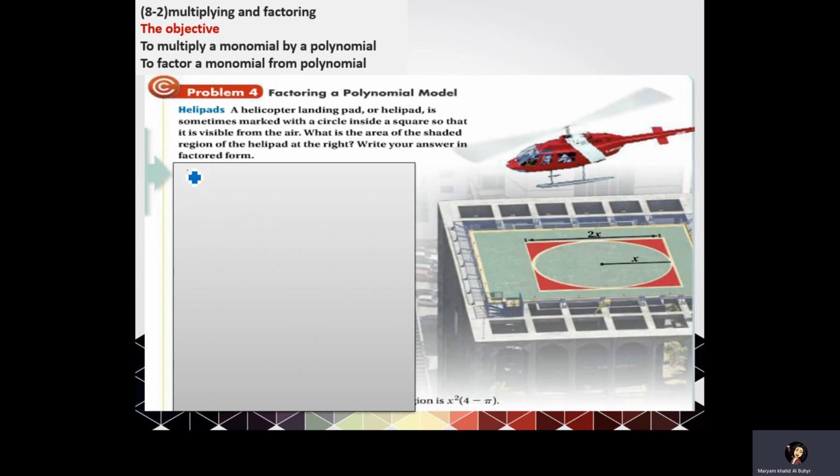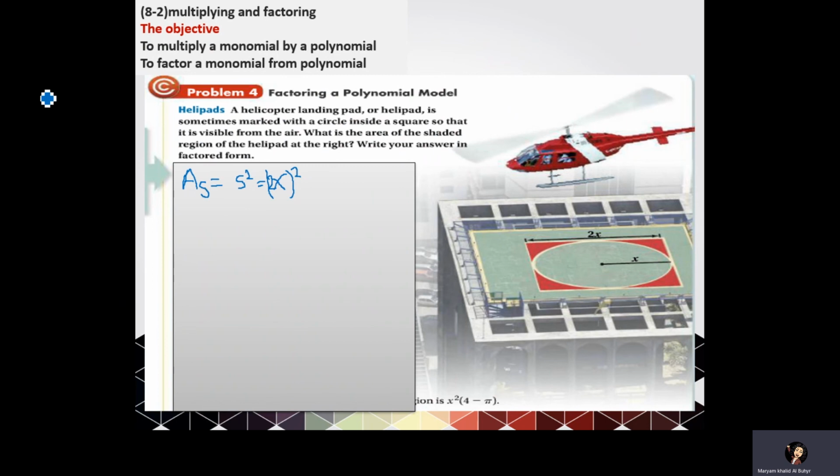I know that the area of the square, S, is side squared. That's what I learned before. So let me substitute. The area is 2x, all this to the power 2.